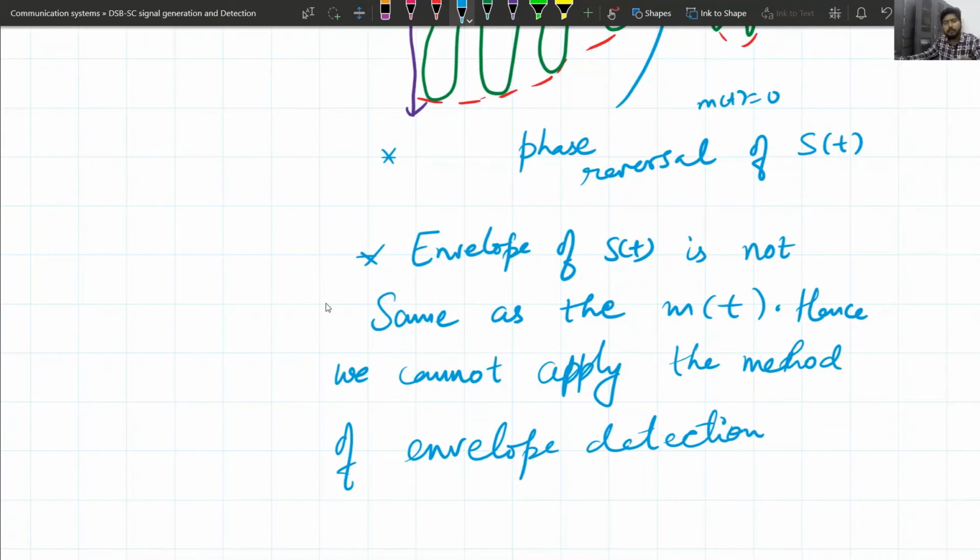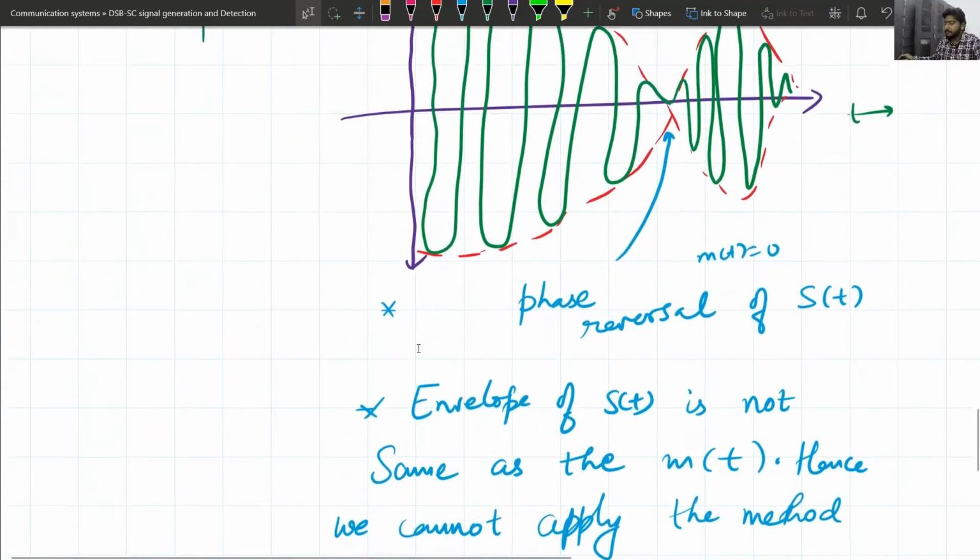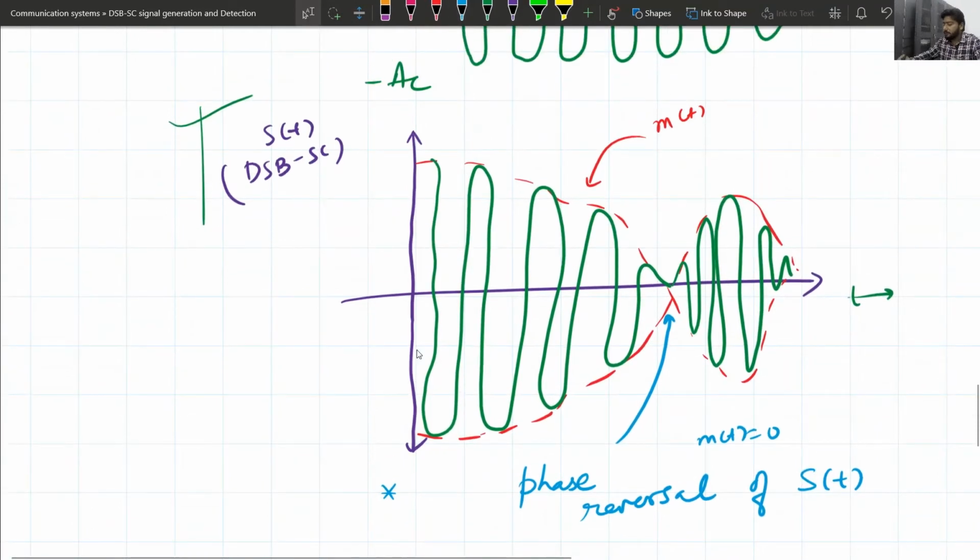But we cannot apply the same method here for the purpose of detection. The reason is there is phase reversal. The envelope is not the same as the message signal. That is why we cannot apply the method of envelope detection here.